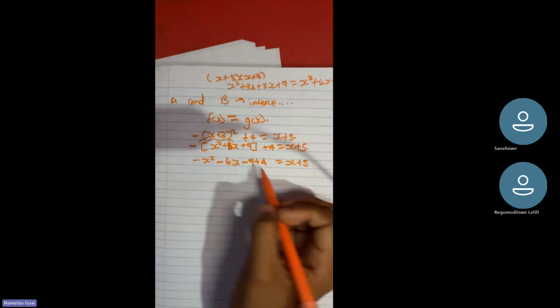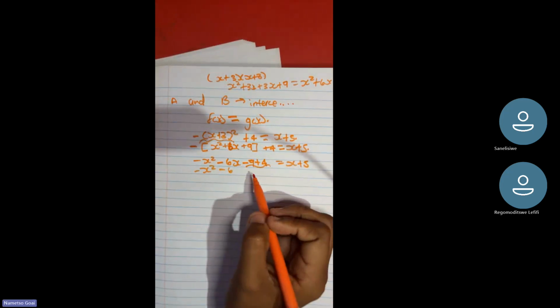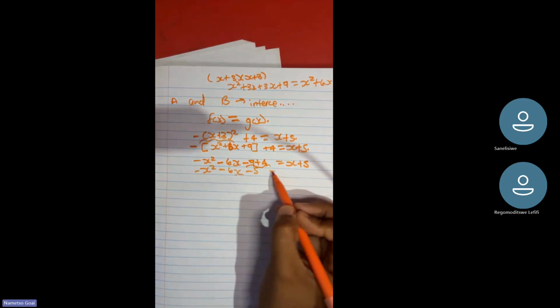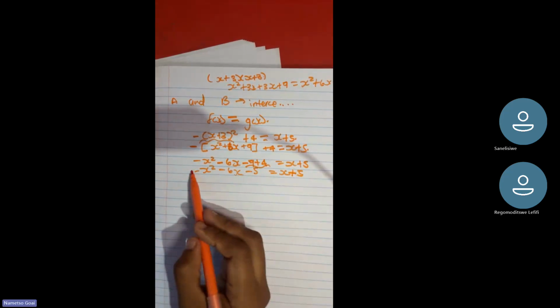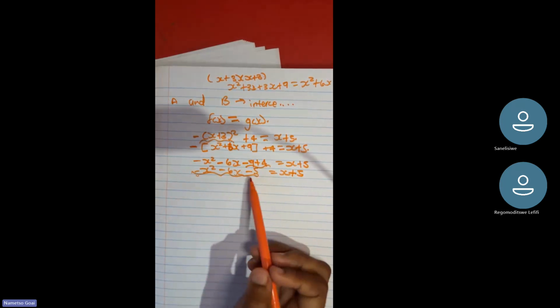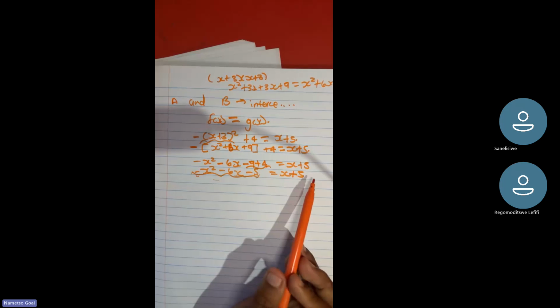So now let's just solve it. Negative x squared, negative 6x, negative 5, equals x plus 5. Now, because we have a negative x squared, all that we can do is transpose this whole thing to the other side.